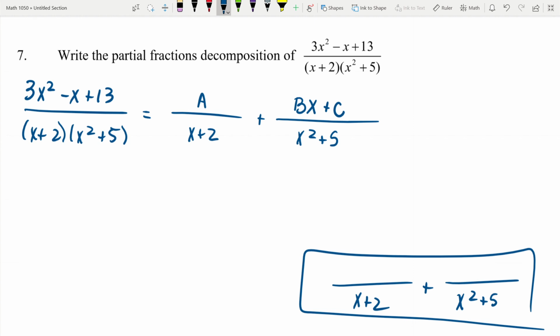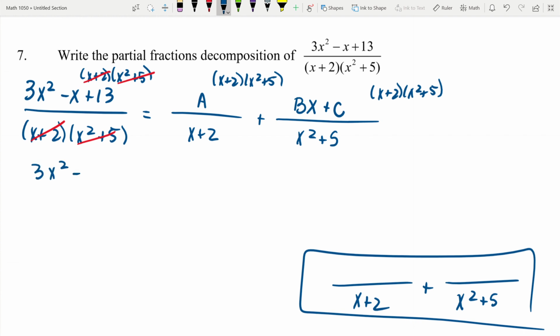Okay, so I multiply all 3 of those by the original factored denominator, which is x plus 2 times x squared plus 5. On the left-hand side, x plus 2 cancels with x plus 2, x squared plus 5 cancels with x squared plus 5, and I have 3x to the second minus x plus 13 equals.